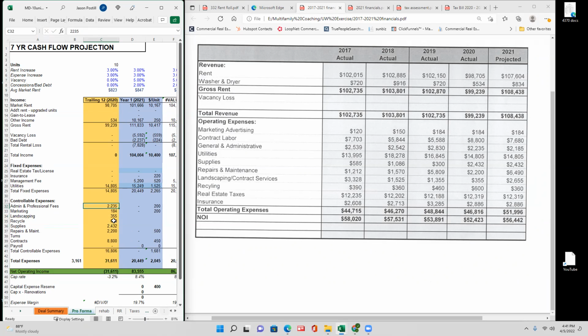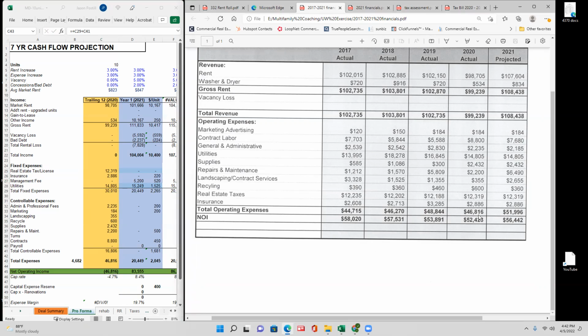And real estate taxes up here, we cannot control those. And then we got insurance, which you can trim if you don't want certain coverage, or you can shop around, but for the most part, that's a fixed expense. So 2886. So now our total expense should match up: 46,816. Then you look up there, 48,860 or 46,816. See, it matches both.